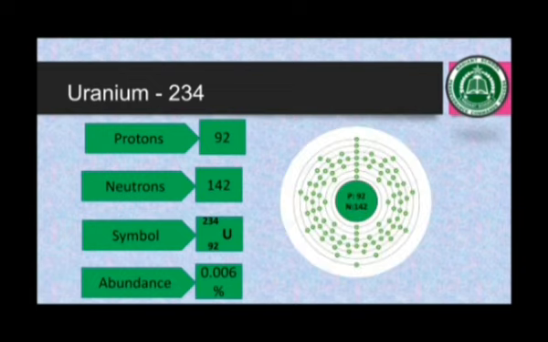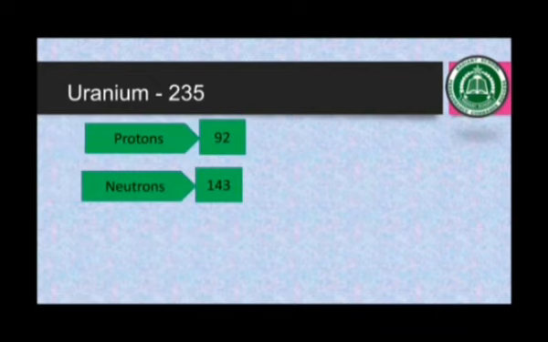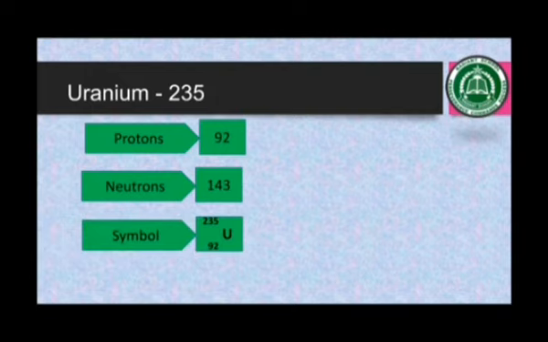If we see its structure, it has 92 protons and 142 neutrons inside the nucleus, and 92 electrons are revolving around the nucleus in different shells. The next isotope is uranium-235. It has the same number of protons, but the number of neutrons is 143. Now the symbol will be U 235 92 and the abundance is 0.72%.